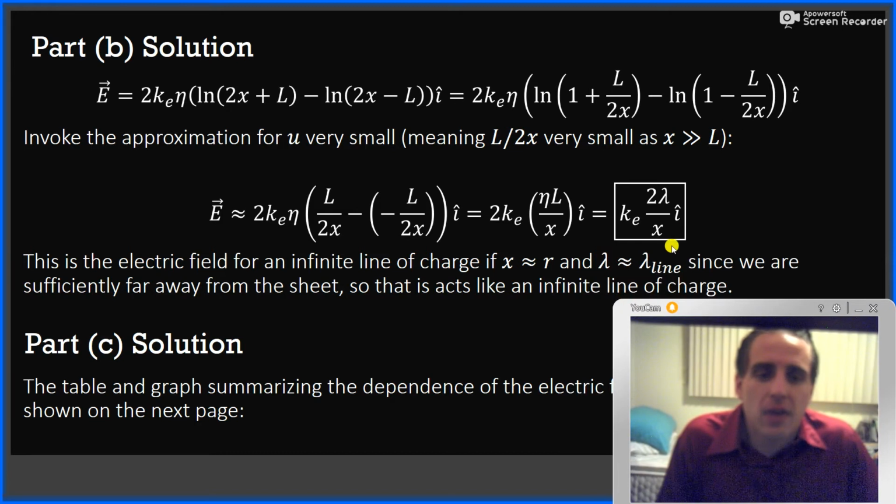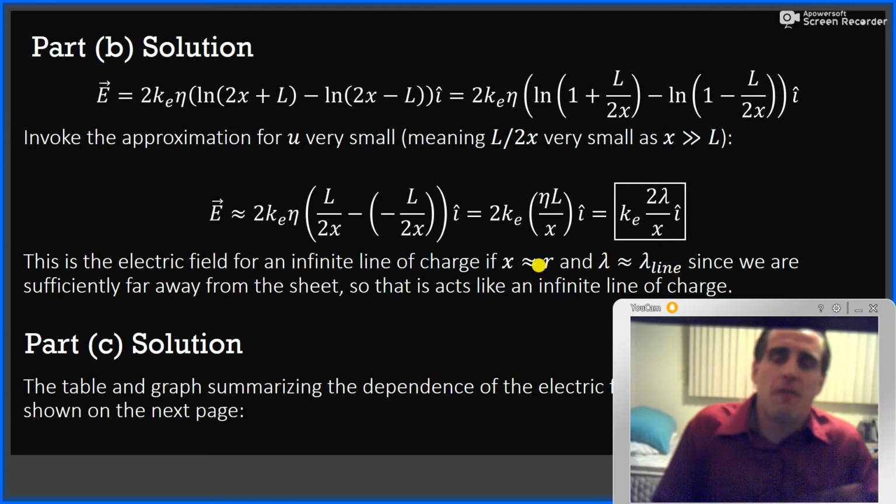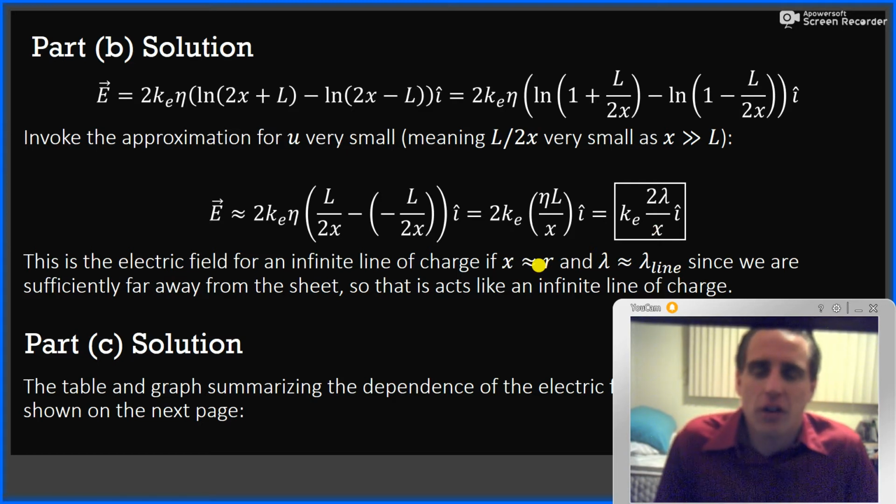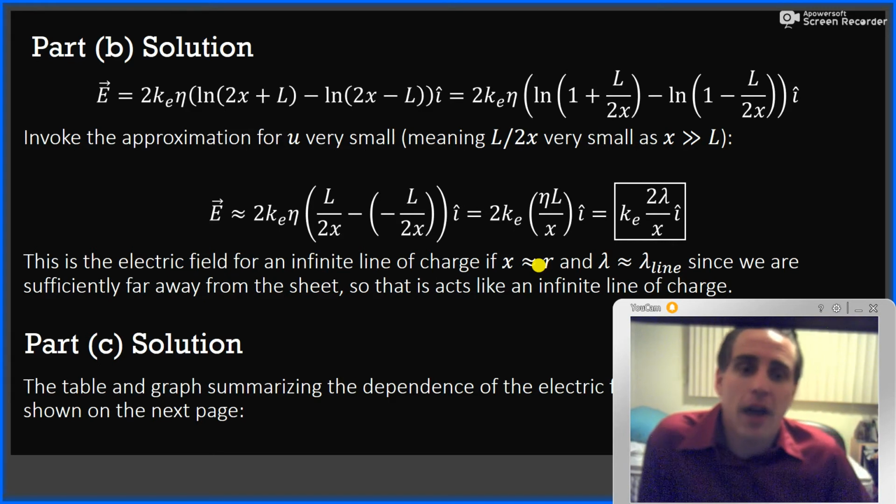So notice that the only difference from what we had before is now it's got an I hat, just because it's a vector. And notice that x here is the distance away from the origin, but you could think of x as approximately r, that radius, if we're very, very, very far away from the sheet of charge, which has very small width compared to the distance we are away.